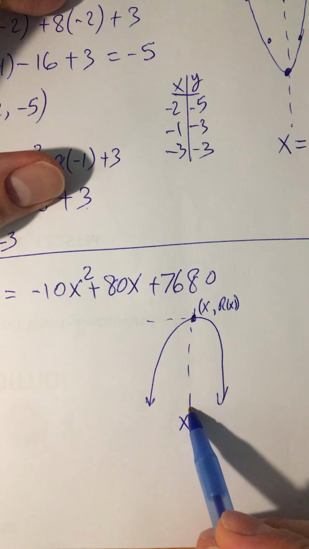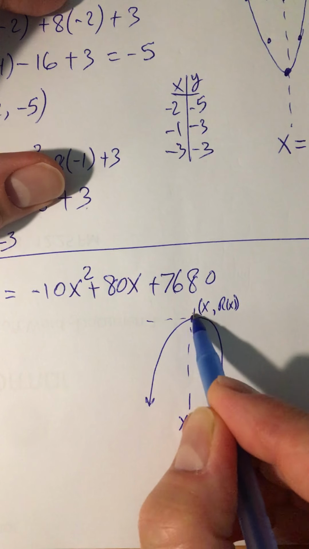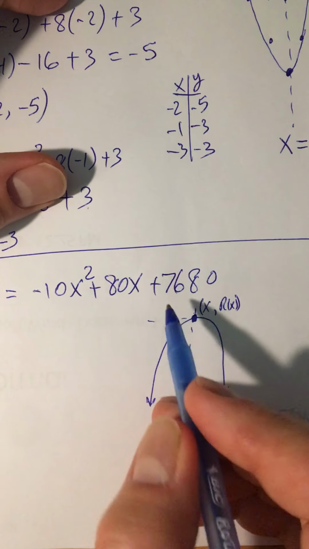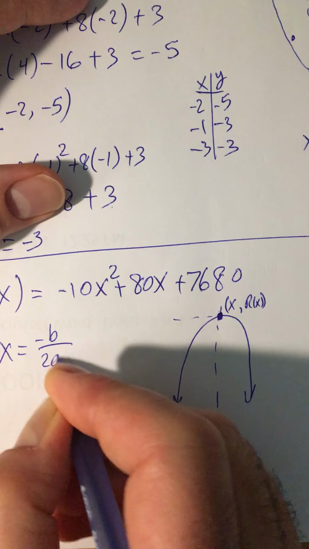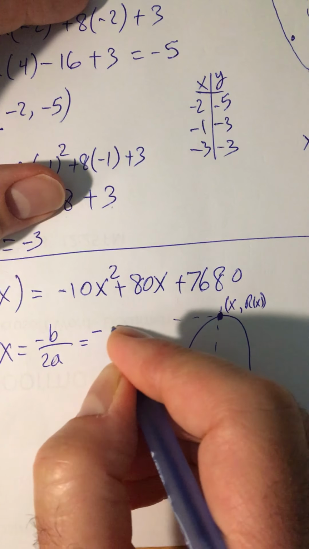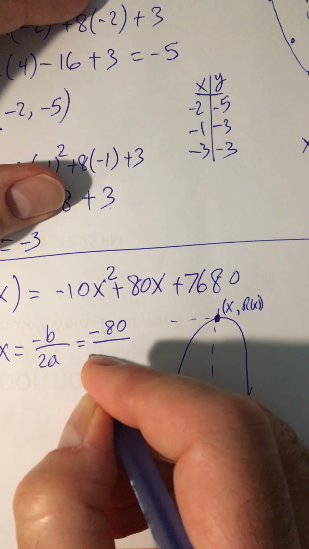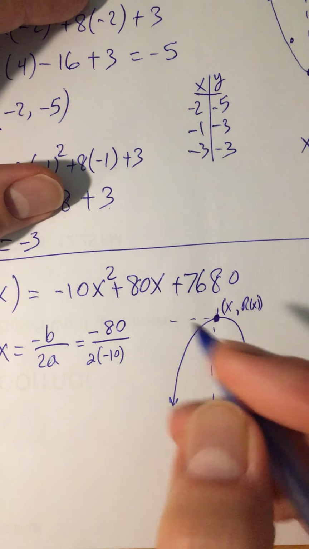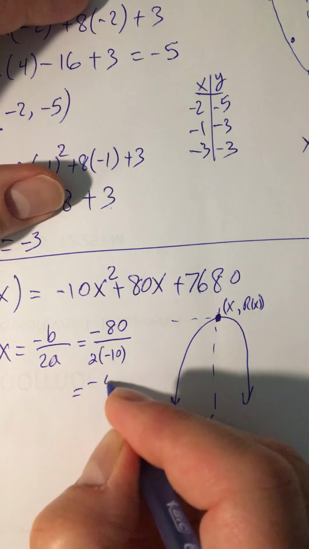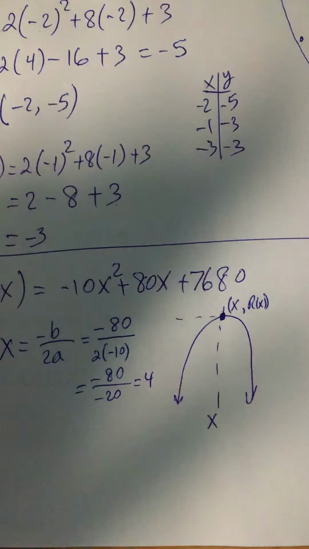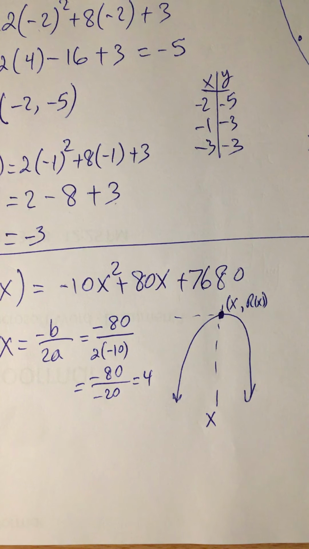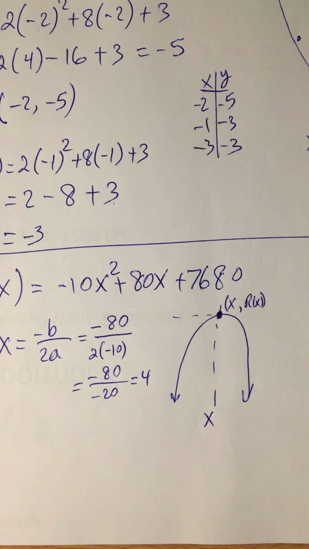So how do I find x? Well, for the maximum, or the vertex, if it's in standard form, x equals negative b over 2a, which is negative 80 over 2 times negative 10. So that's negative 80 over negative 20. That gives you a positive 4. It has to give you a positive value, otherwise it's not going to be correct.